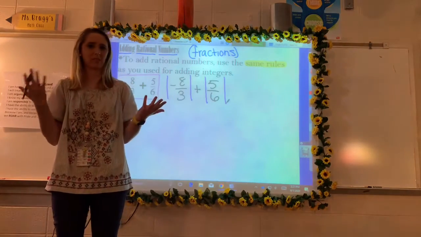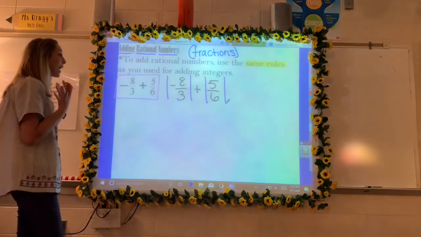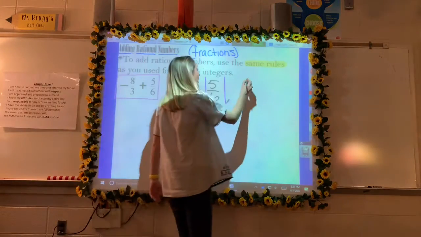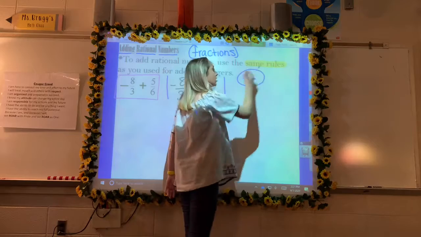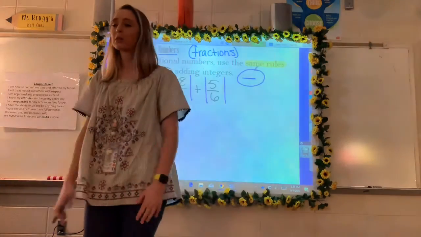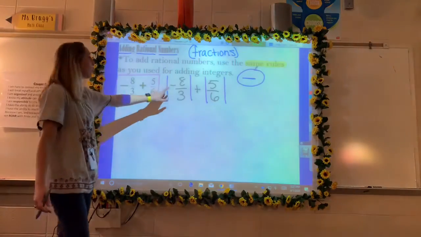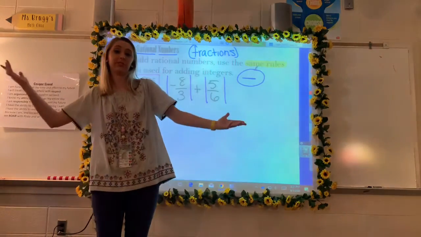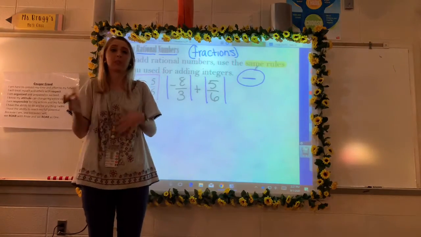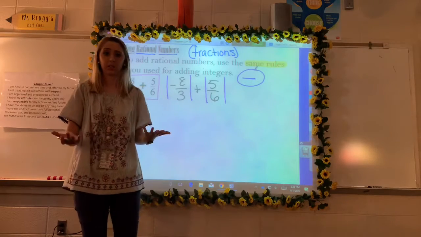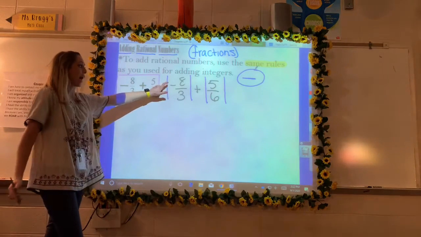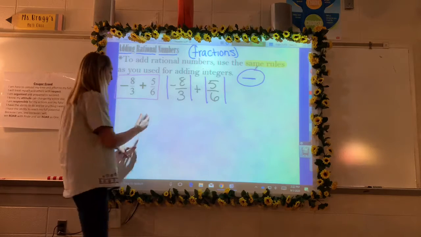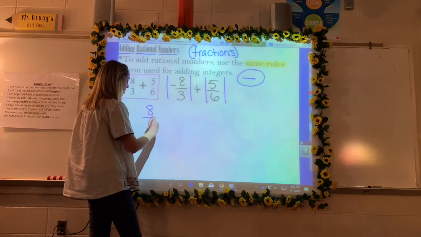We don't like that, right? So when we have different signs, remember we always subtract. Yeah, we always subtract. So we need to know which of these two have the biggest absolute value so we know what numbers we're subtracting from what, correct? Okay. Well, the absolute value of -8/3 would just be 8/3.